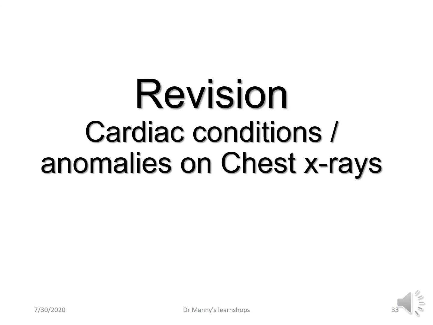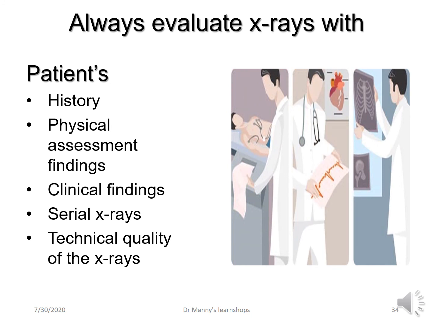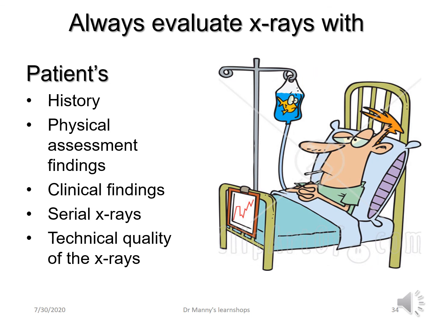So let's review some of the cardiac conditions and anomalies on chest X-ray. Again, as previously, always evaluate the X-rays in light of the patient's history, their physical assessment findings, their clinical findings, how they're feeling, what they're experiencing.